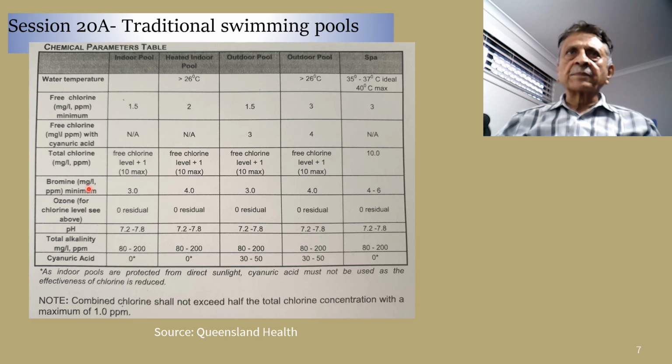The advantage of using bromine is that it has a higher temperature stability, and therefore it is more suitable for spas and very hot heated pools. But generally it's being used only for spas. This standard must be adhered to by Queensland Health, or other countries will have very similar standards.